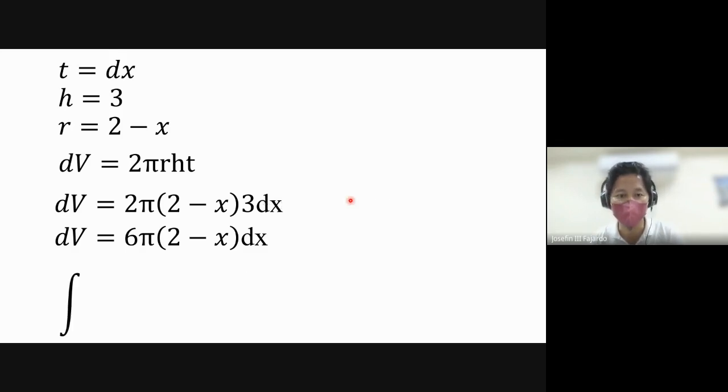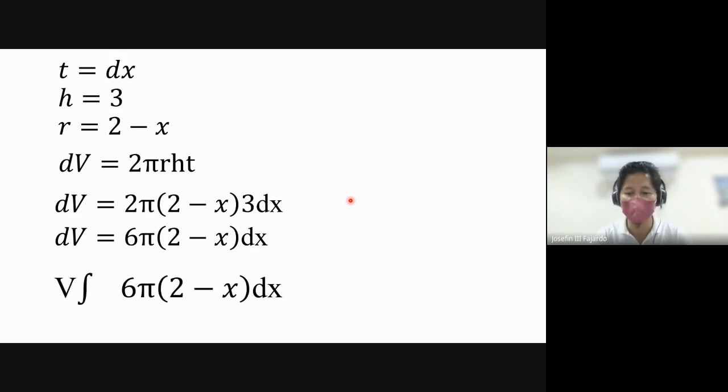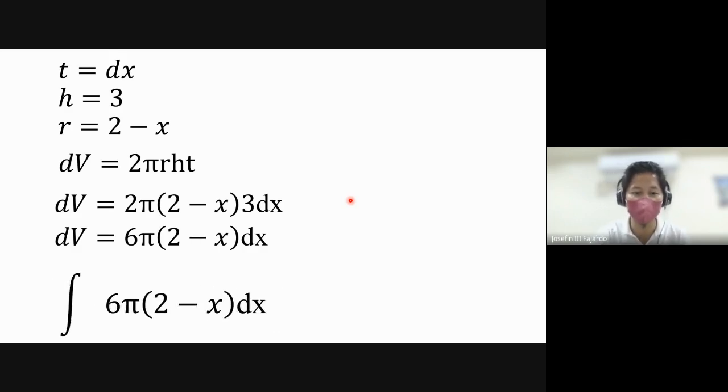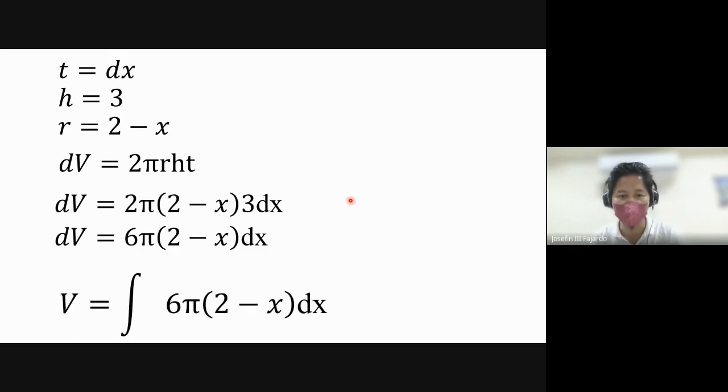Kailangan ko ng ito. So yung dV, kukopyahin ko lang ito. Nalagay ko lang siya dito as my integral. Ganun. Okay? Ang kailangan ko na lang kunin ay kung ano yung aking lower and upper limit.